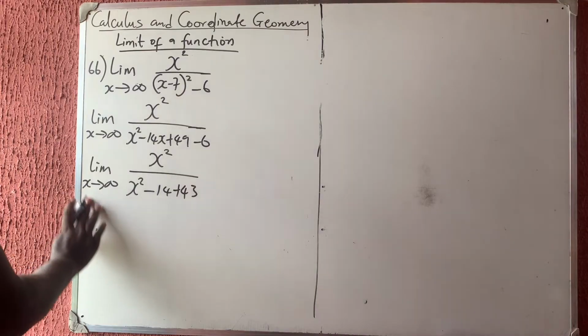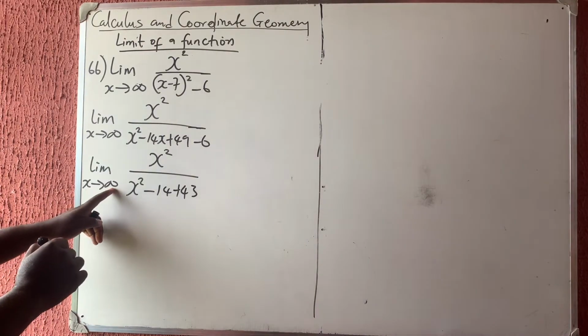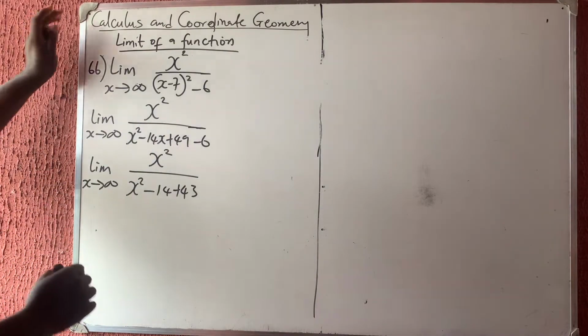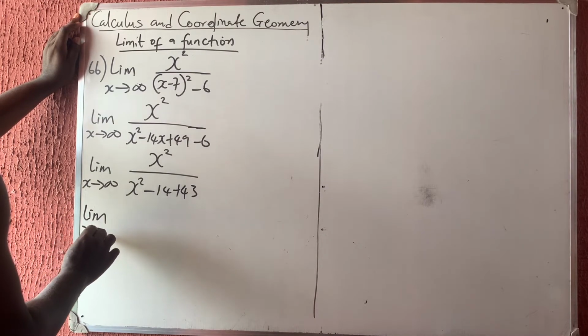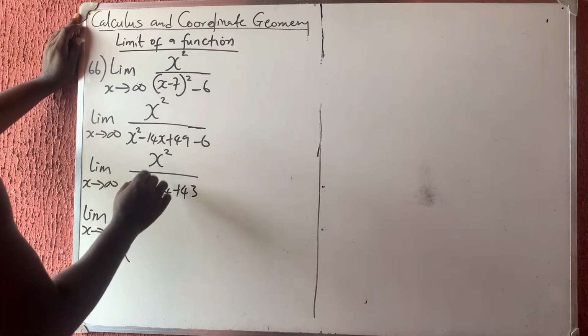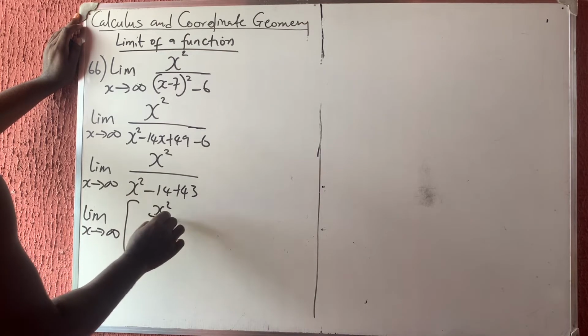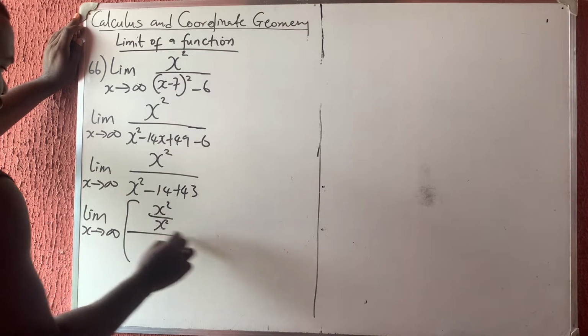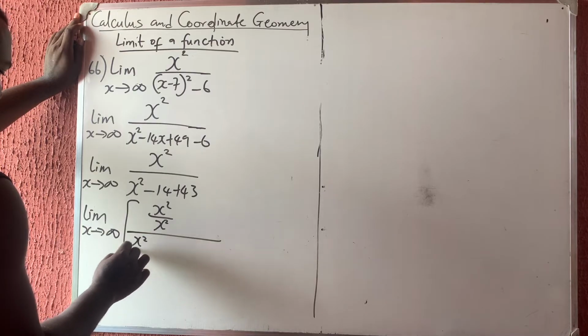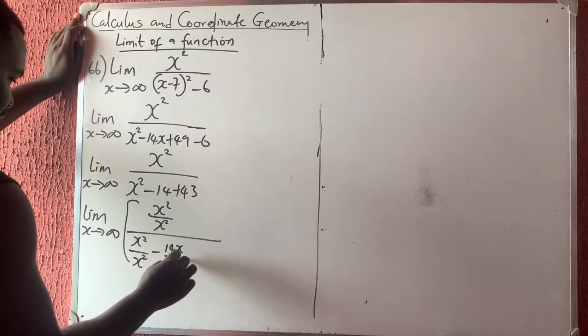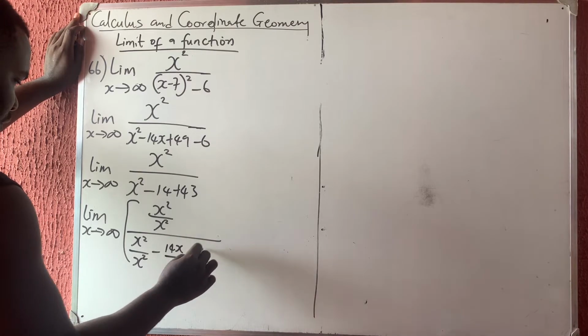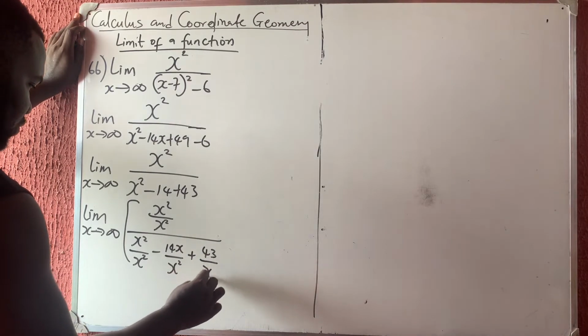Now, whenever it tends to infinity, we divide everybody by the highest power. So we say the limit as x approaches infinity of, let's divide, x raised to power 2 divided by x raised to power 2, all over x raised to power 2 divided by x raised to power 2 minus 14x divided by x raised to power 2 plus 43 divided by x raised to power 2.